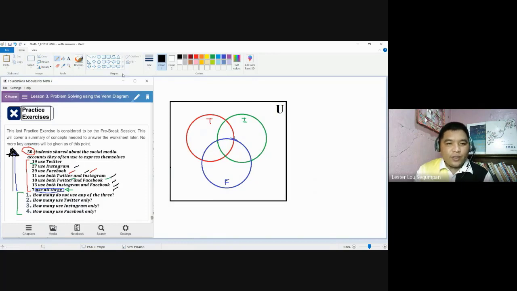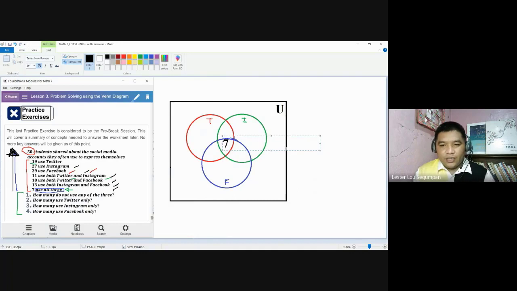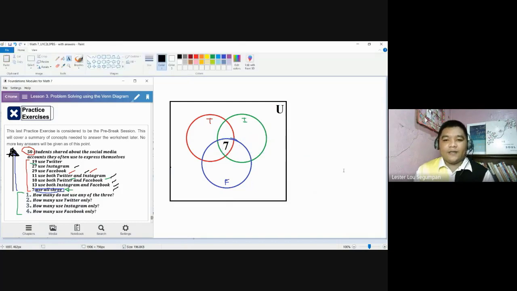So 7 use Twitter, Instagram, and Facebook. I'm going to put 7 for this region here, because this is the region common for the red circular figure, the green circular figure, and the blue circular figure, and 7 use all three. If the problem mentions 1, I'm going to place here 1, or 8 if it's 8. But since the given says 7, I'm going to use 7 here.